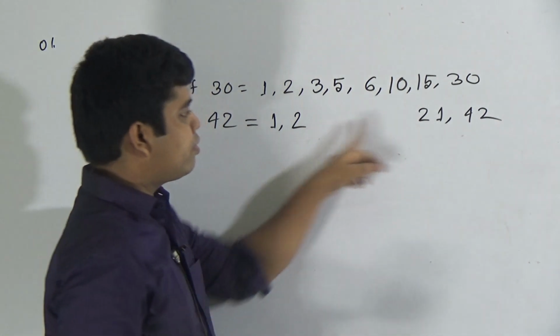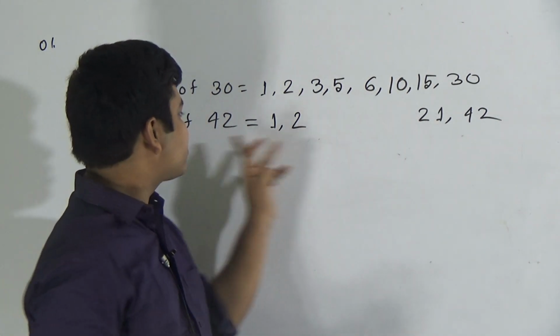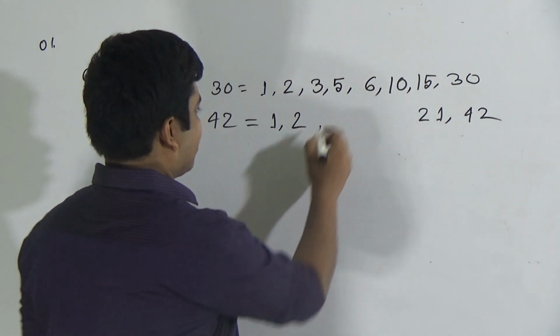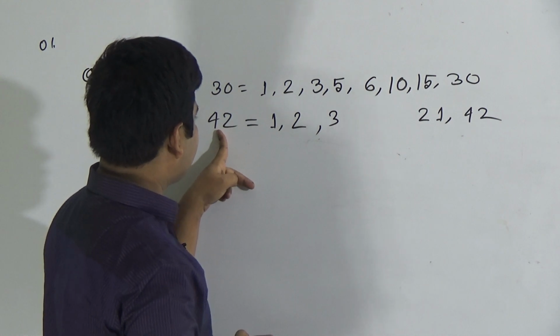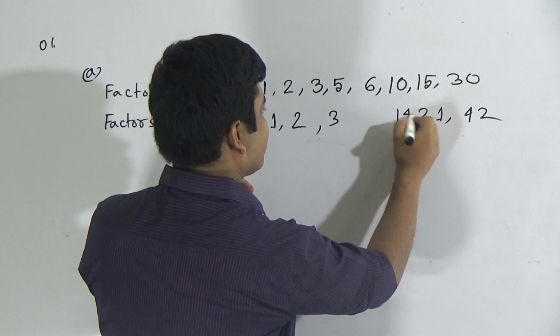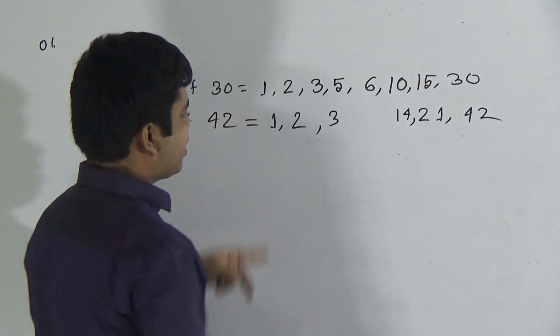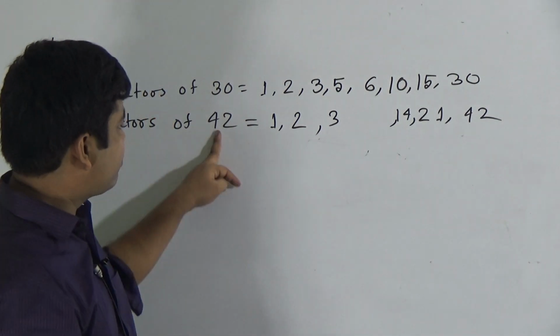If we multiply 2 with 21, then we get 42. So 2 and 21 both are factors of 42. Next, 3, we divide this number by 3. If I divide this number by 3, then 3 1s are 3 and 3 4s are 12. So yes, 14 and 3 both are factors of 42.